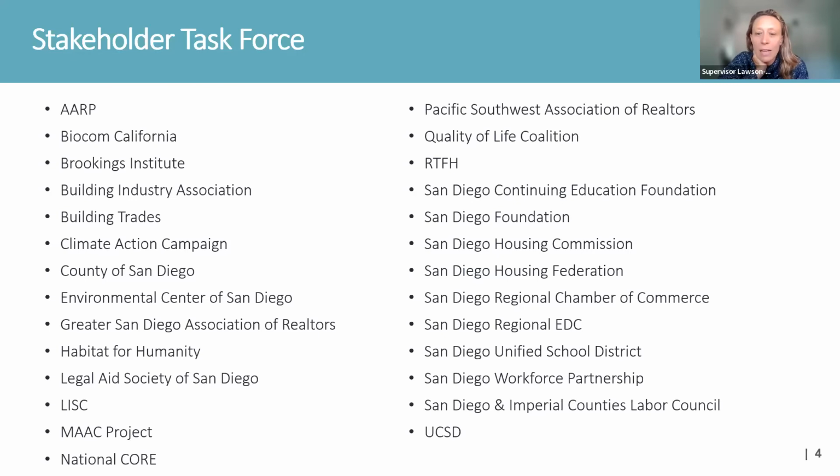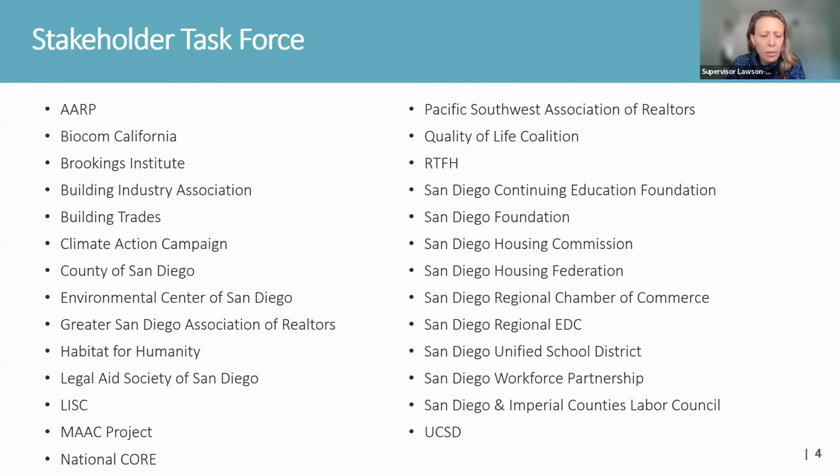Everyone from AARP, we've got the San Diego Foundation, there's the housing commissions, climate action folks, there's building trades on here, there's builders and developers, Habitat for Humanity. So over 40 different organizations have been part of this consultative process, which has been really interesting, bringing broad perspectives around the shared challenges in our region.